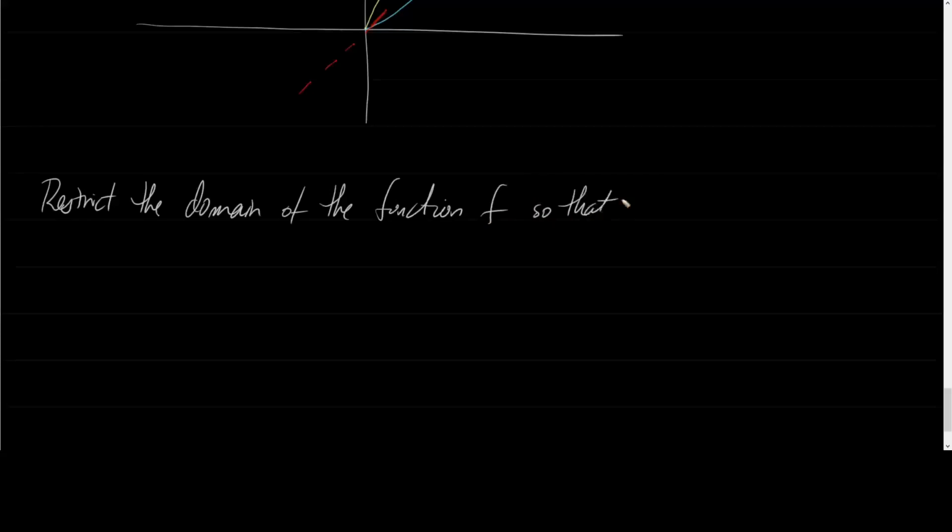So let's say that I said restrict the domain of the function f so that the function is one-to-one, and therefore has an inverse function.